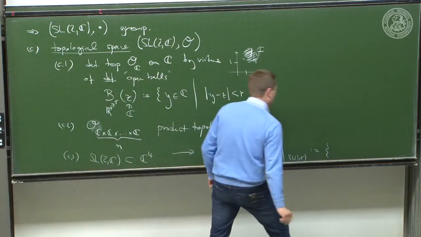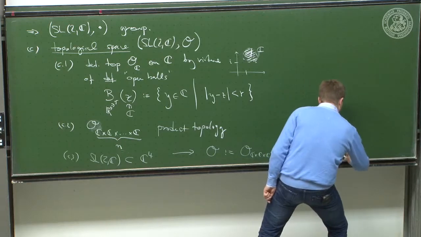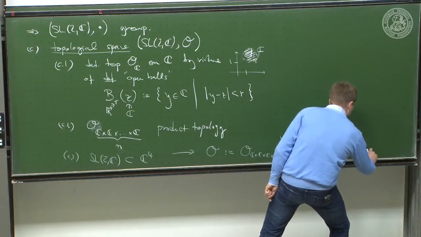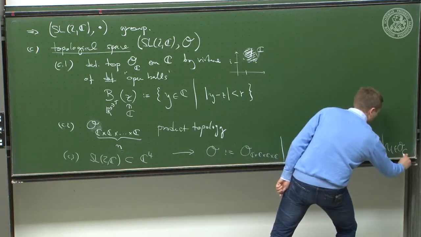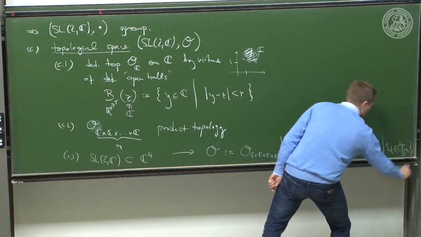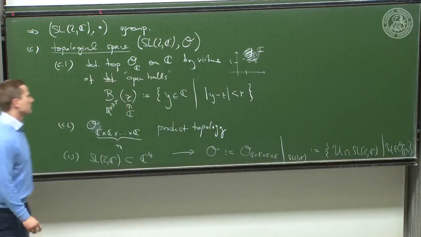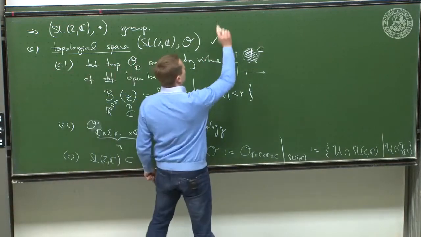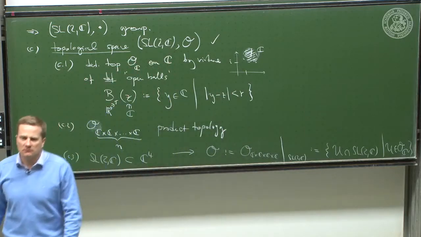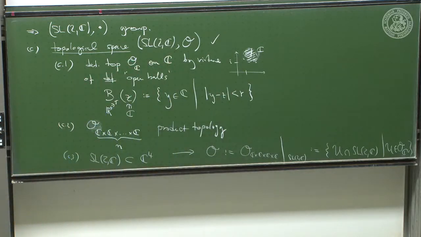Those were all the sets of the form U intersected with SL2 C, where U was open in C4. And then we have equipped SL2 C with a topology. Very natural to do that, right? So now we have SL2 C as a topological space.